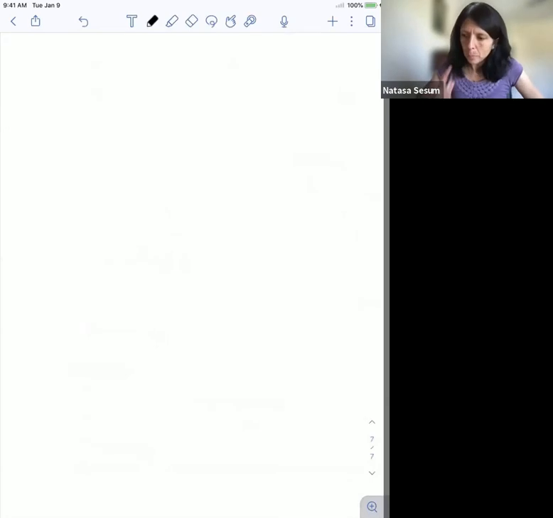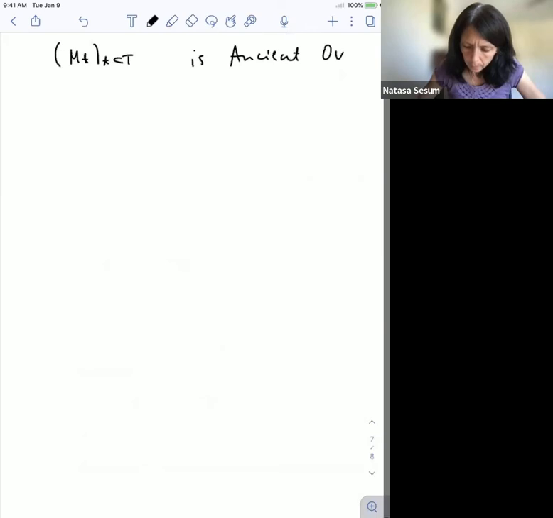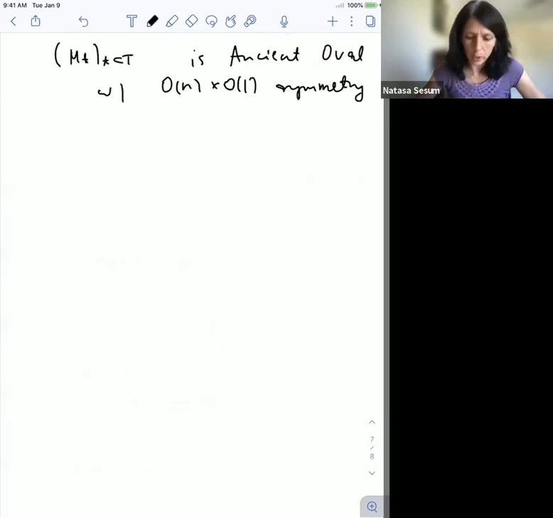So now for simplicity, I'm going to assume that my flow M_t, t less than capital T, is an ancient oval with O(n) cross O(1) symmetry. This means that it's rotationally and reflection symmetric. But we of course prove that every such solution has to be reflection symmetric, so that's not really a hypothesis, but just for simplicity, I'm going to assume this here.